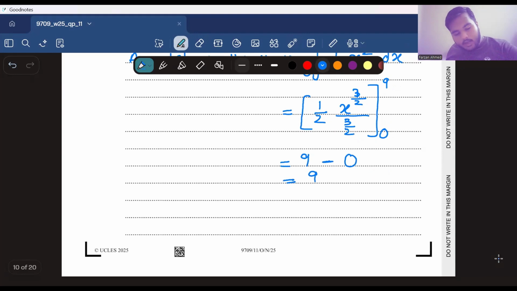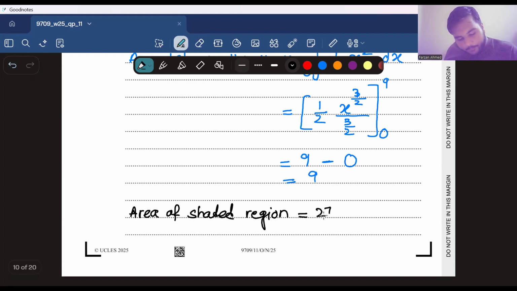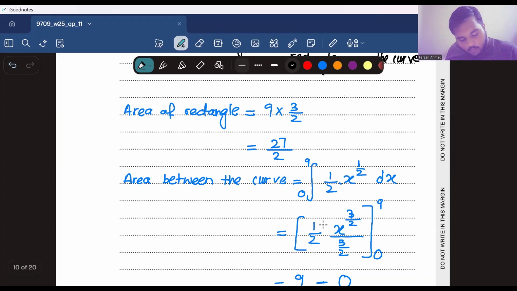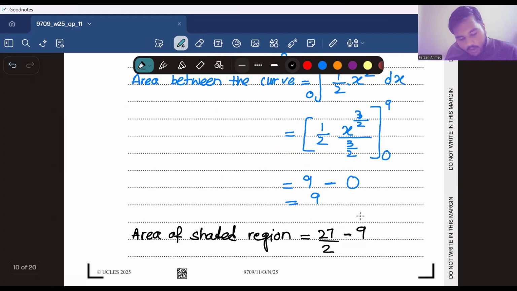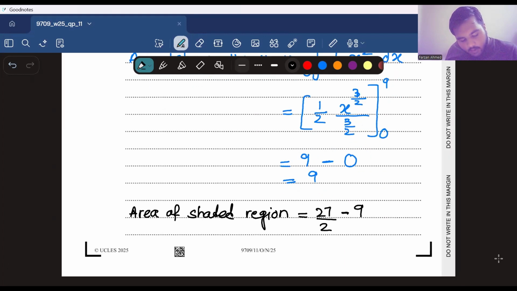So to find the area of the shaded region, the area of the rectangle is 27 over 2 minus the area between the curve, which is 9. So 27 upon 2 minus 9 equals 9 upon 2.